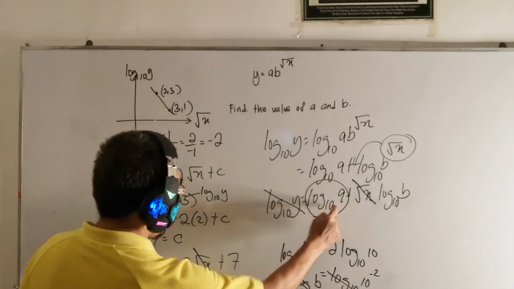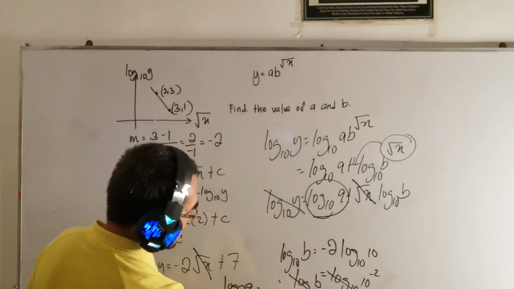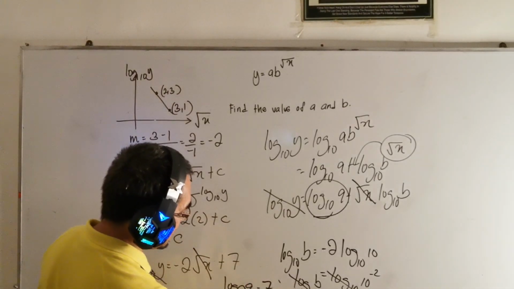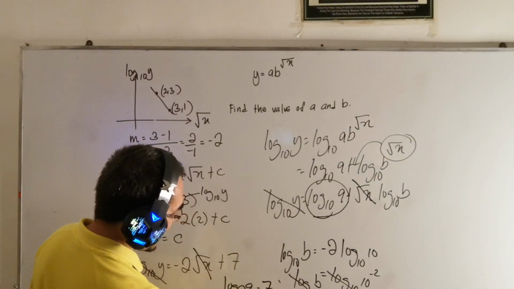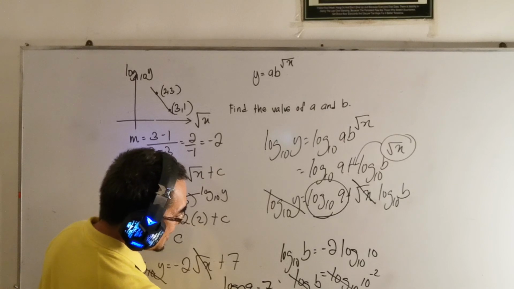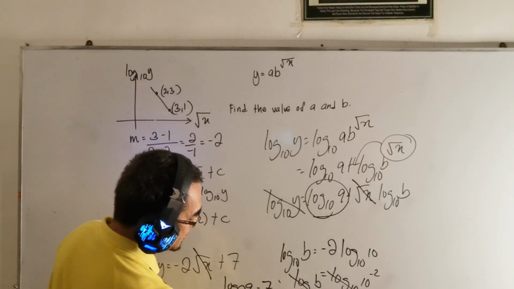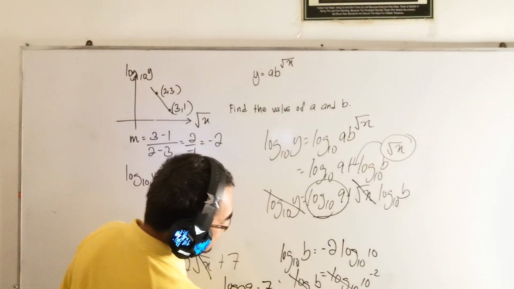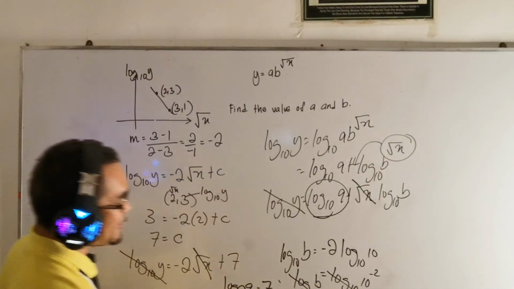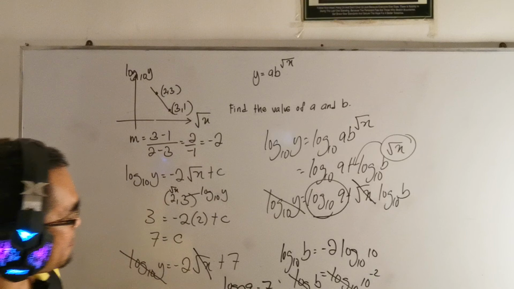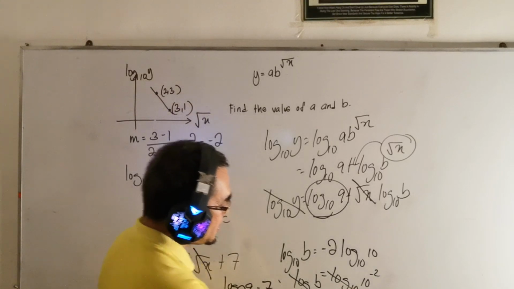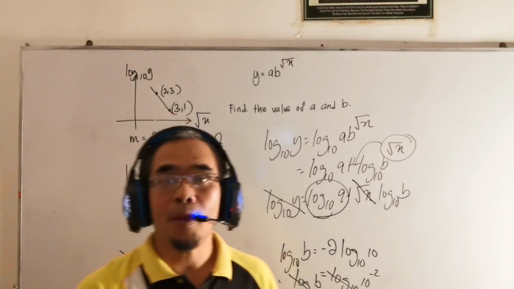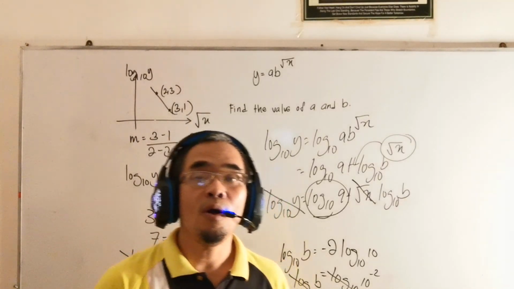Log 10a will be 7. So log 10a equals 7, and a will be 10 to the power of 7, which is 10 million, with 7 zeros. So that is the second type of paper 1 question for linear law.